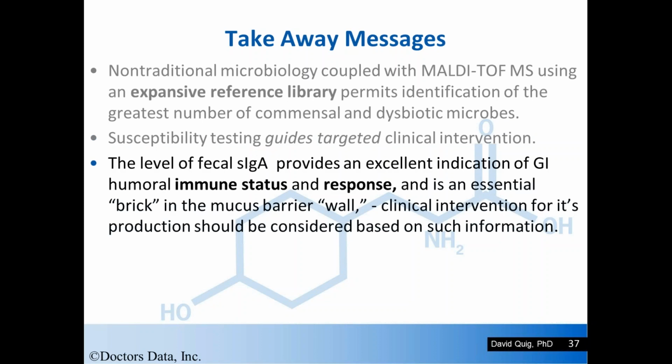The level of fecal secretory IgA provides an excellent indication of the humoral immune status of the gut and the response to pathogens, and it's an essential brick, if you will, in the mucus barrier wall. Clinical intervention for abnormal secretory IgA and its production should be considered based on this valuable information.